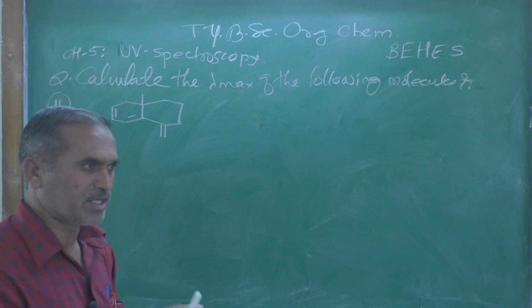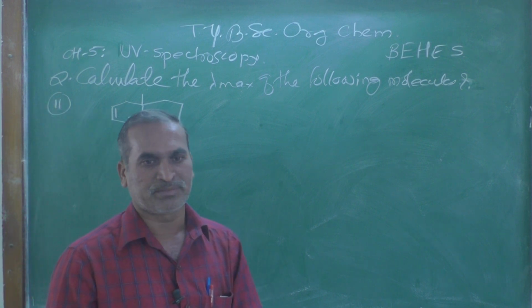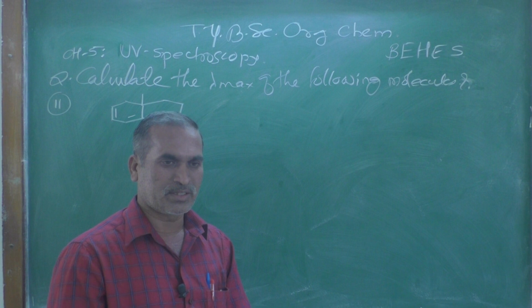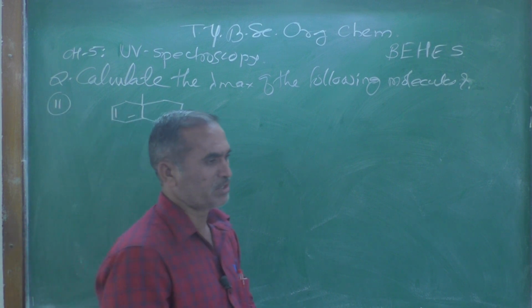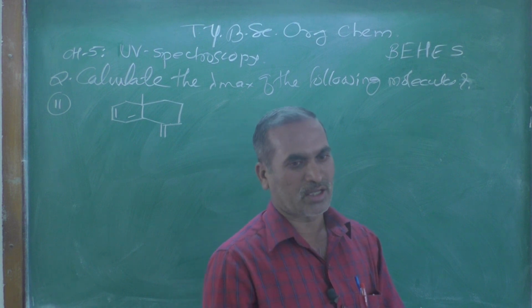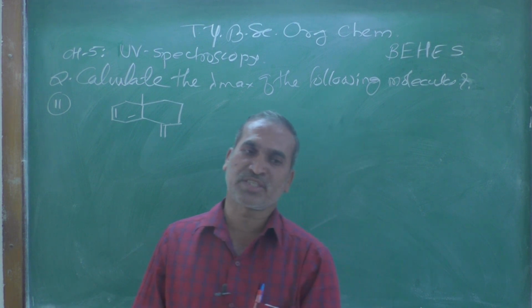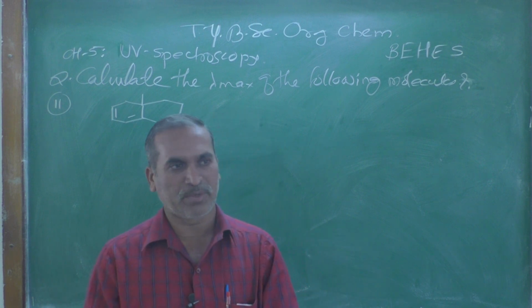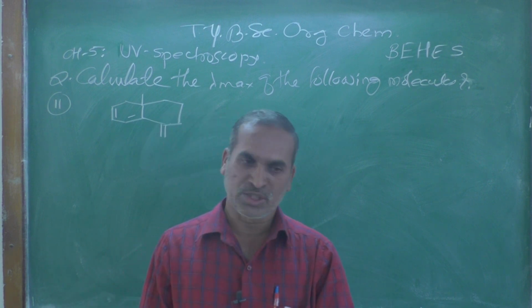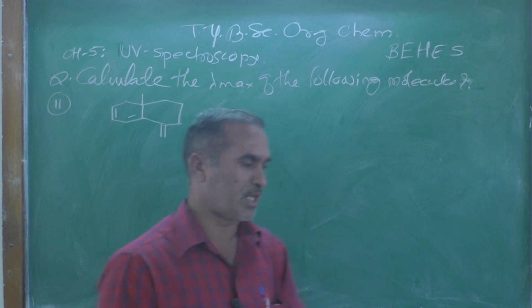A diene system is nothing but a conjugated system, meaning alternate double bonds are present, or two double bonds are separated by one single bond. That type of system is known as a diene system.